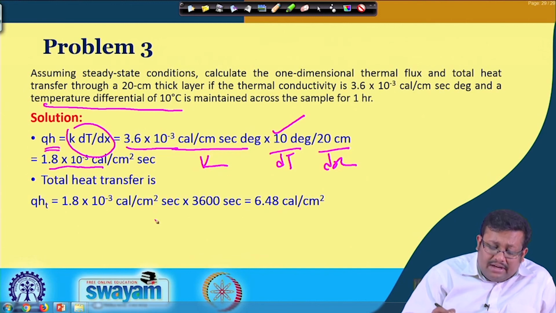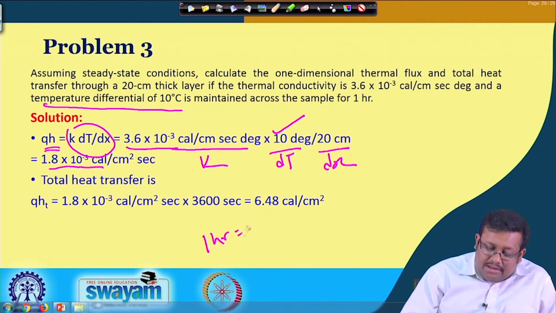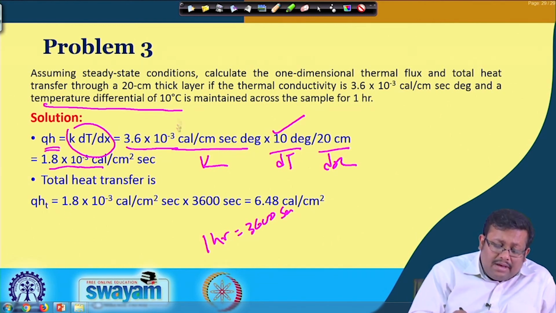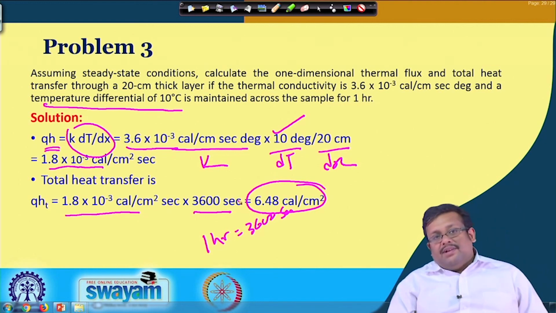We have to calculate it for 1 hour or 3600 seconds, because 1 hour equals 3600 seconds. The total heat transfer is basically the multiplication of QH with the total number of seconds in 1 hour. So ultimately we are getting 6.48 calorie per square centimeter.